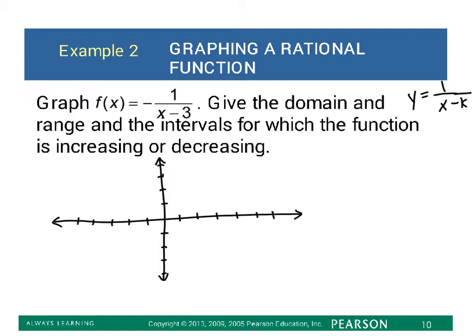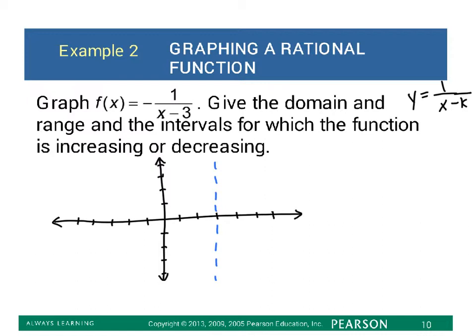Instead of at x equals 0, it's going to be at x equals 3. So that's where our vertical asymptote is going to be now. And then the rest of the graph, how we're going to graph it is, I usually just say find 2 points to the left of your vertical asymptote, find 2 points and plot them to the right of your vertical asymptote, and draw your smooth curve through those points.